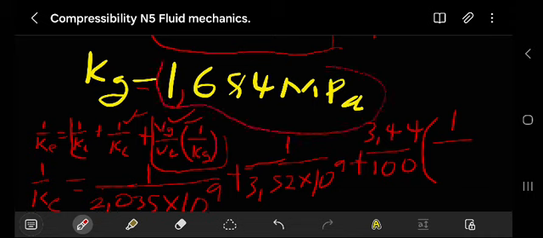You see it's 1.68, 8.4 megapascal, times 10.